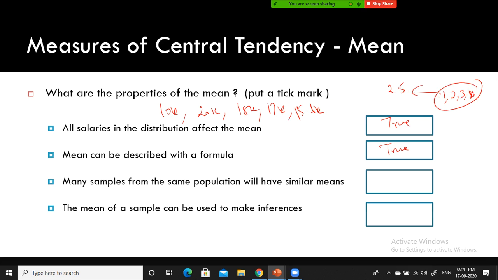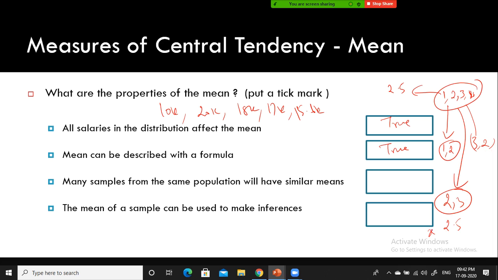You add all these 1, 2, 3, 4 and divide by 4. You will get 2.5. Let's say I am drawing multiple samples. 1, 2 is one sample. And drawing another sample 2, 3. And another sample, let's say 3 and 2. 2 plus 3 is 5, 5 divided by 2 is 2.5.